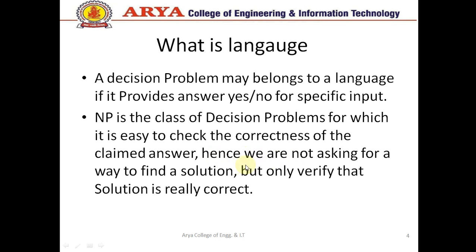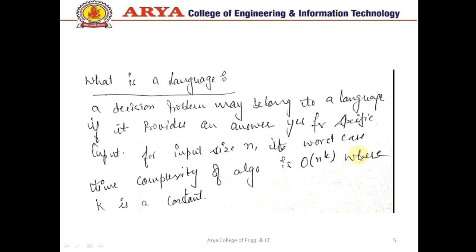Hence we are not asking about the way to find the answer, but only to verify whether the solution is correct or not. In the NP problem, as we already studied, this is a verifiable problem, but the P problem is a decidable problem. So in this NP class, we only verify whether the solution is really correct or not. We don't ask about the way to find the solution.